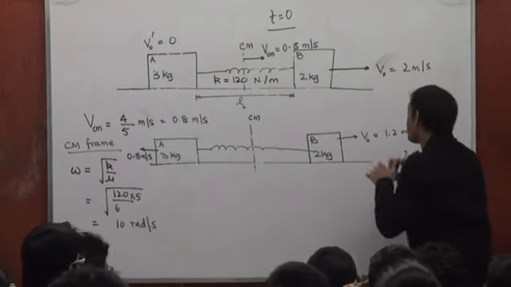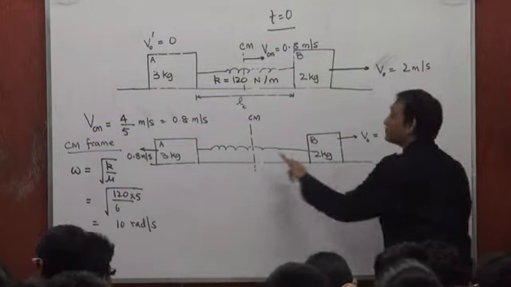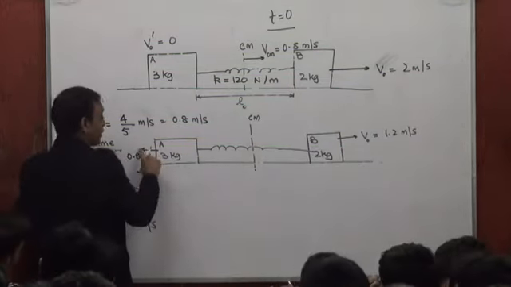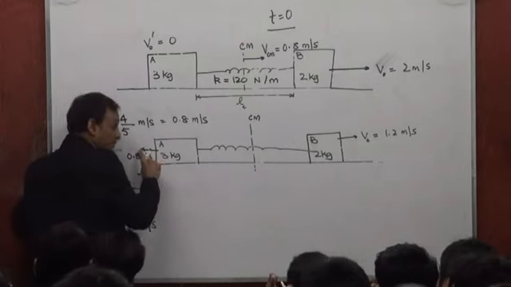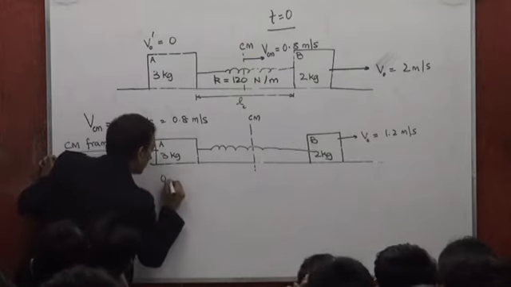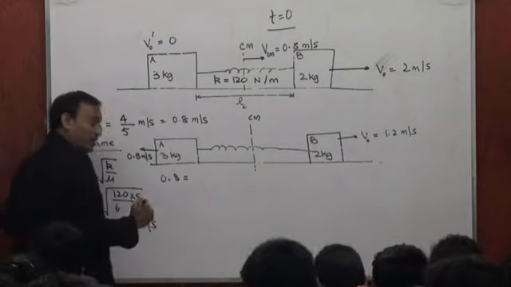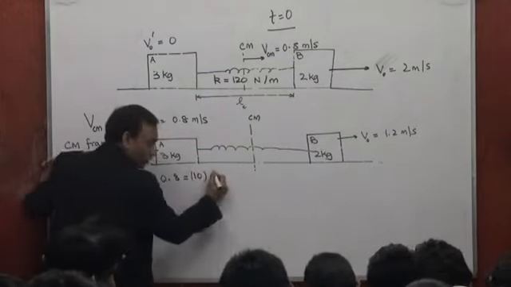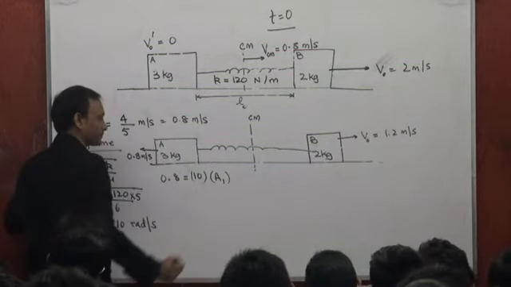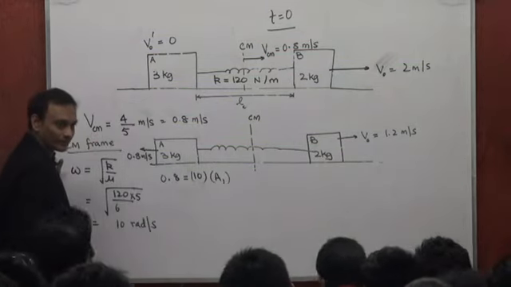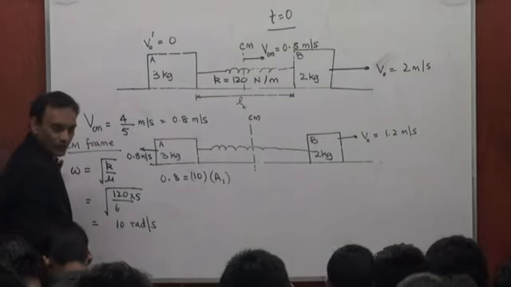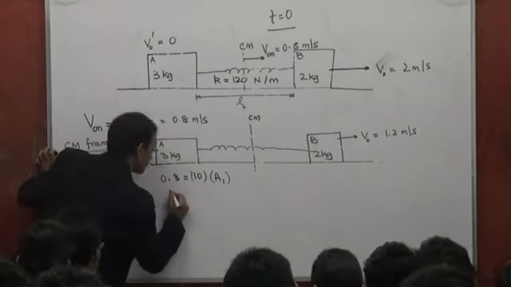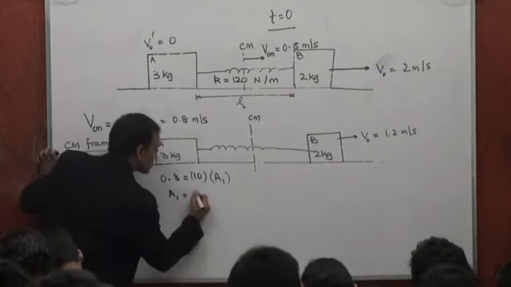So if A1 is the amplitude of A, realize that 0.8 meters per second is the velocity at the mean position. So V in the mean position must be omega, which is 10, into amplitude A1. Yes or no? Right?